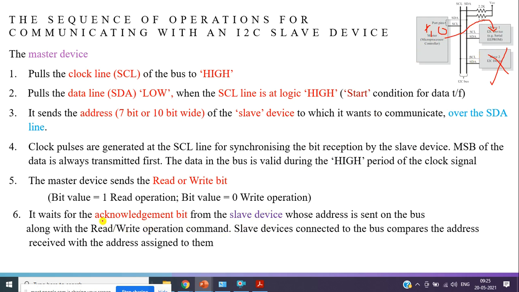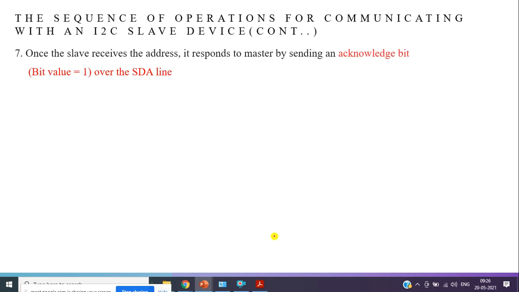Once it is done with this, the slave device sends an acknowledgement after receiving the address along with the read and write command. Okay. Now the slave receives the address, it responds to the master by sending an acknowledgement bit.